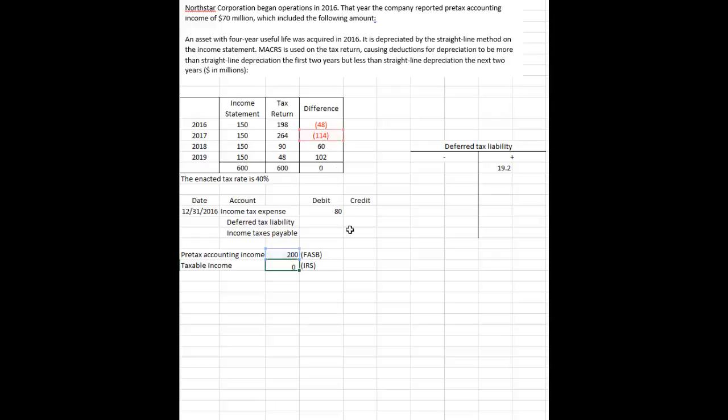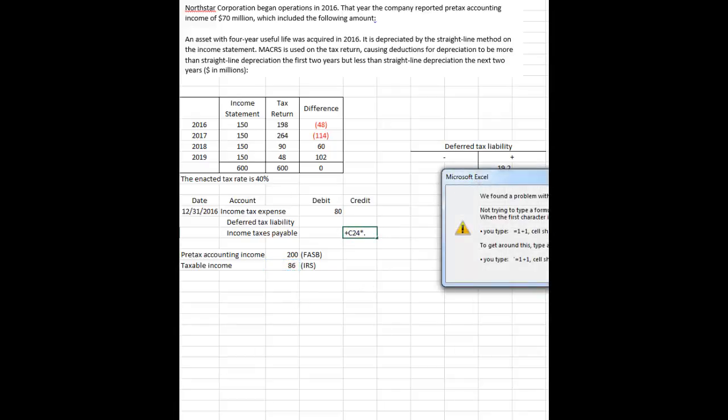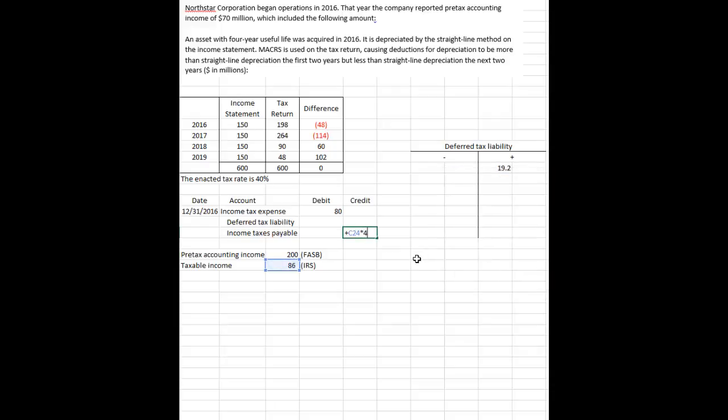So we have $86 million as the taxable income, and you calculate your tax based off that figure, which is 40%: $34.4 million in income taxes payable. What you'll notice is that the deferred tax liability rose by an additional $45.6 million. So this is the entry you would have at the end of 2017, not 2016.